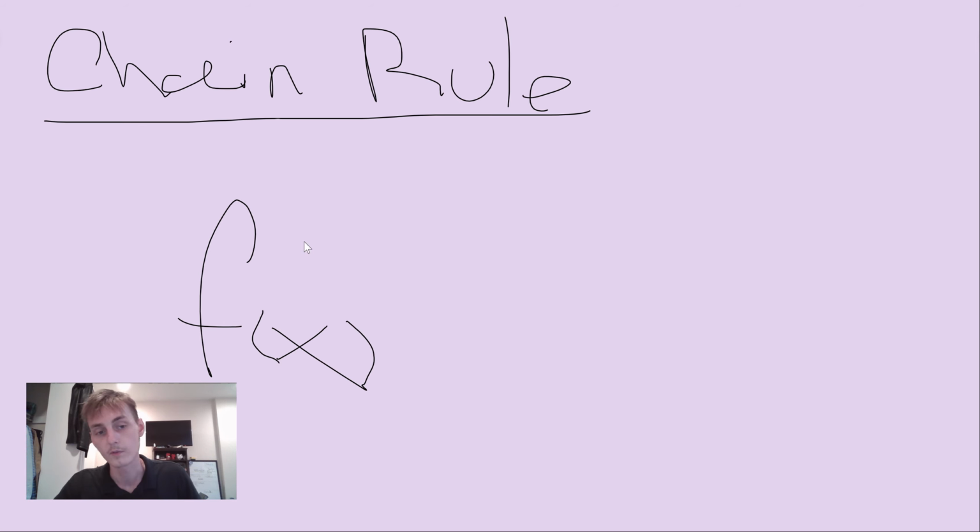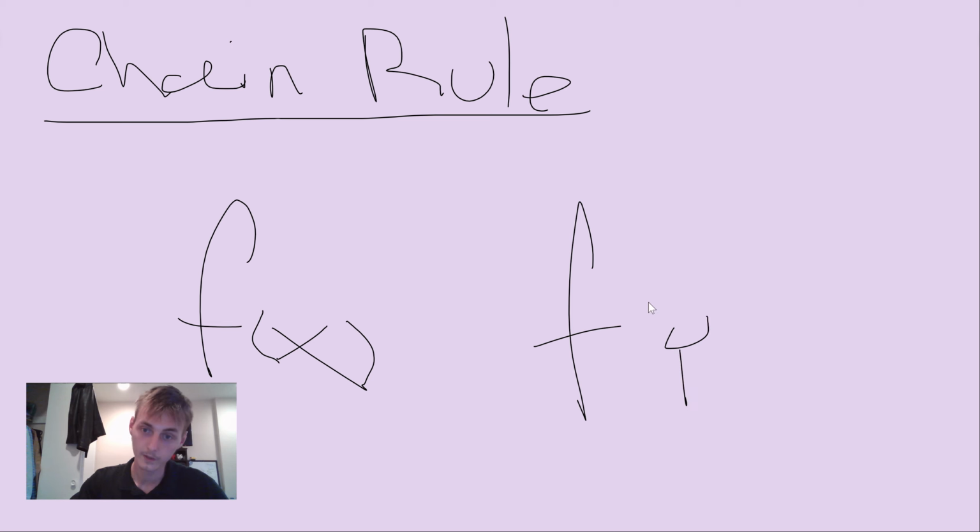When I say one function is inside of the other, I mean you're taking one function and plugging that function in for the x value in the other function. Or y value. If you have f of x or f of y here, these are two different functions. One is in terms of x, one is in terms of y.